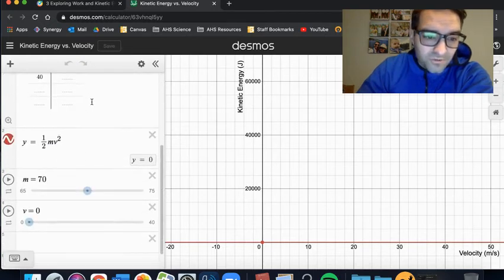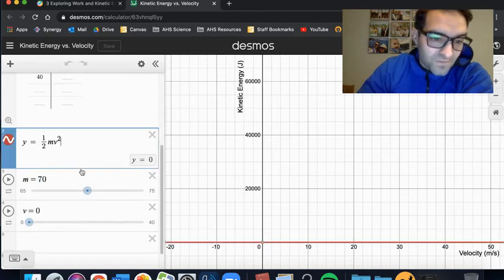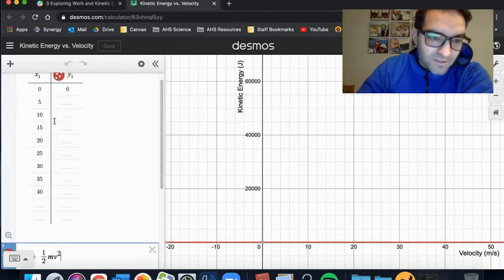To help you, I entered the formula, and then you have these sliders. M is your mass, and it is already set to 70 kilograms, so you don't want to change this value. But now your velocity, you want to fill in the table.